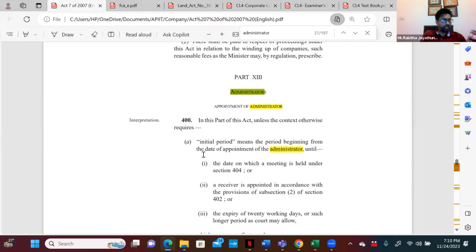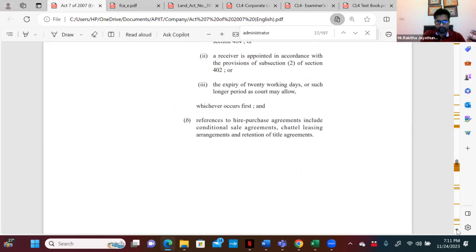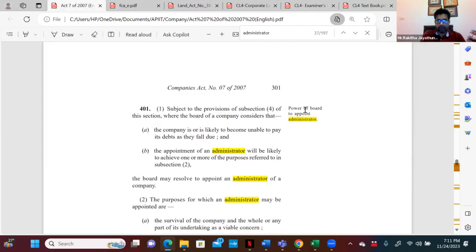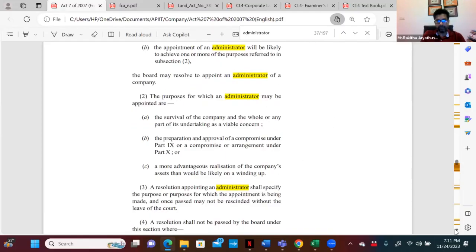Then, powers and duties of an administrator. This is the power of the board to appoint an administrator, so not relevant.